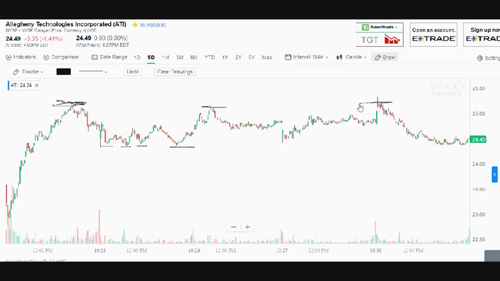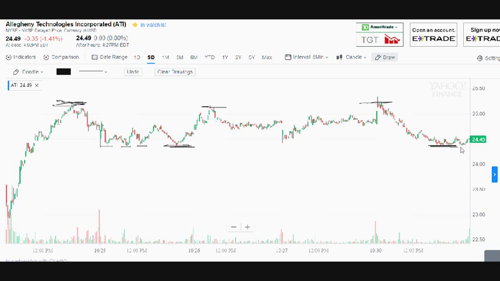The sellers jump in and push you back down, whereas when you come down to about this level, about 24.40, the buyers jump in and push it back up. So over the last several days, that's the range this stock has been in. Good to know, because that's good information to help you determine what the stock is likely to do next.